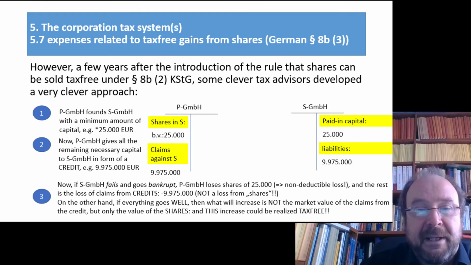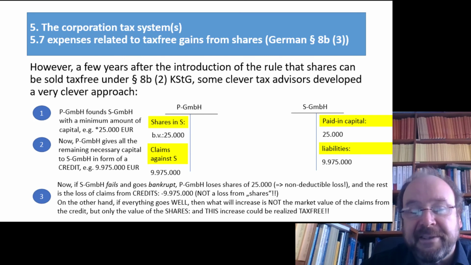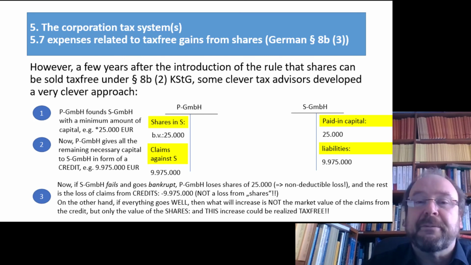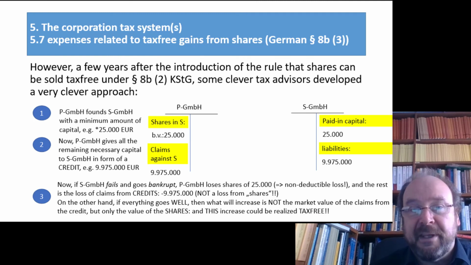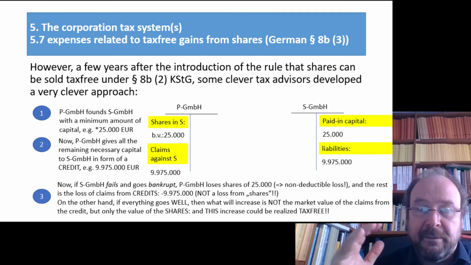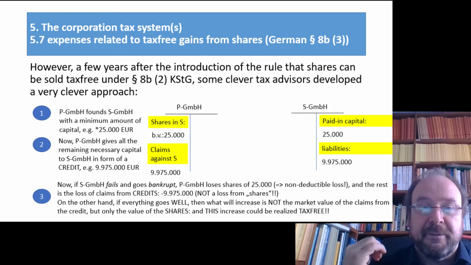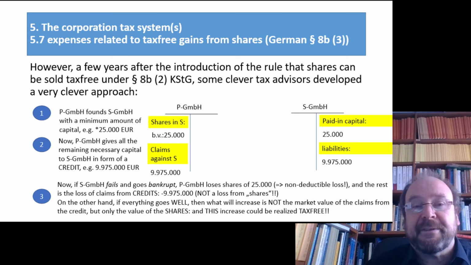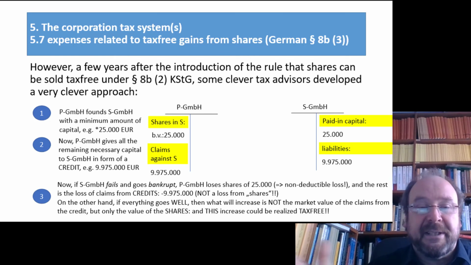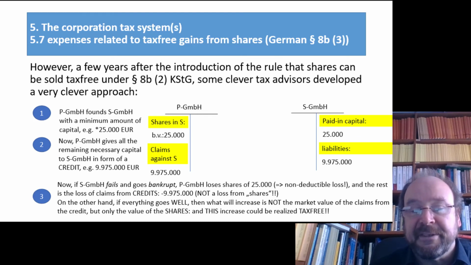And there is, up to now, or there was at that moment, no special rule for that. So you would then have a loss from a credit claim, and usually that is deductible expense. So here you would have the best of all worlds if the chance realizes itself. If you have success, then it's a tax-free success. If the project fails, then it's a deductible loss from credit claims.